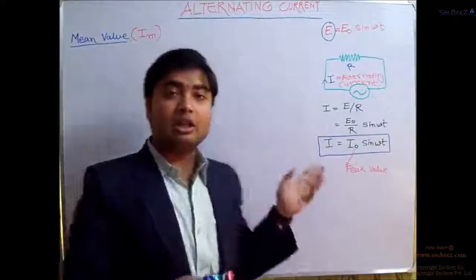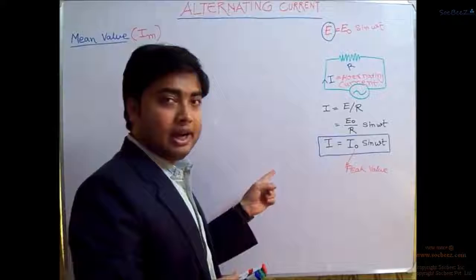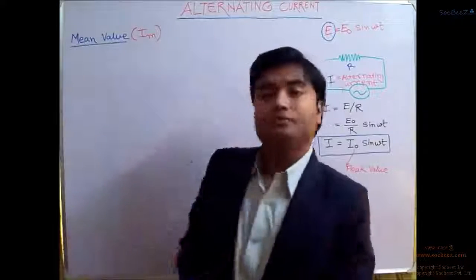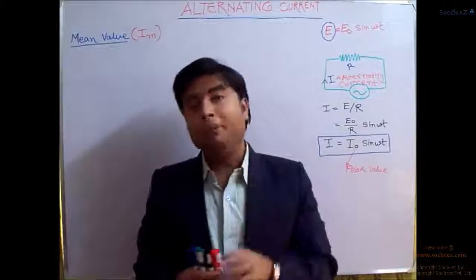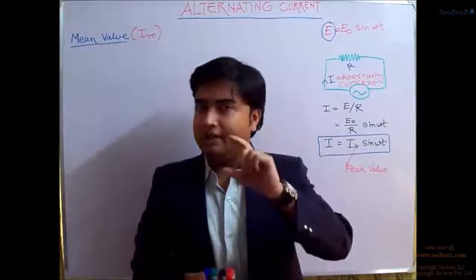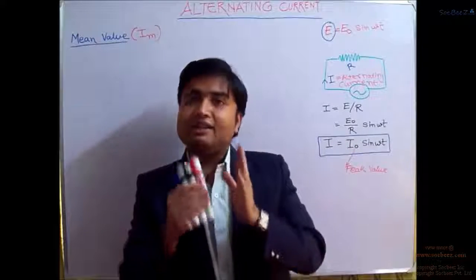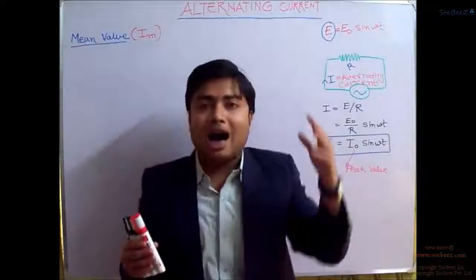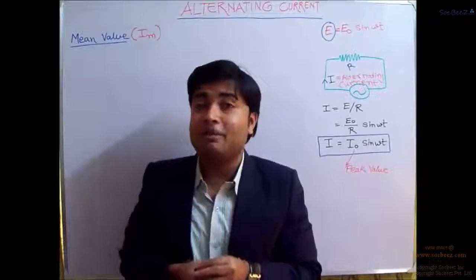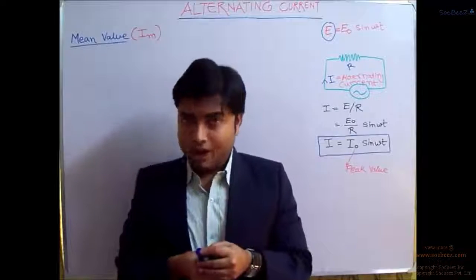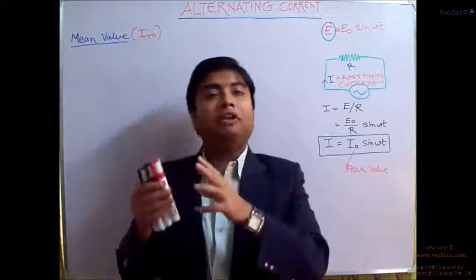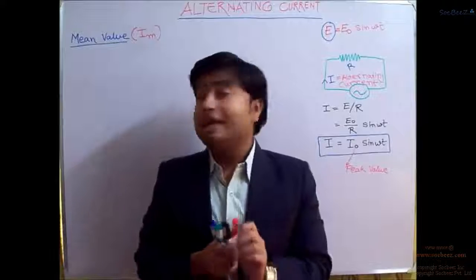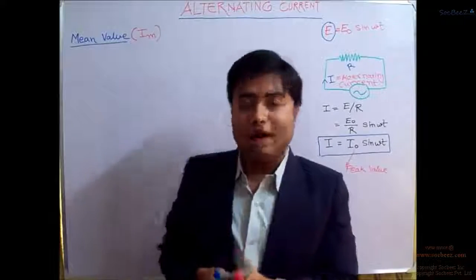As we have seen in the graphs, the alternating current always changes its magnitude with respect to time, but this mean value of alternating current will be the steady current that will send the same amount of charge over the half cycle, which means time is T by 2, as the same charge will be sent by the given alternating current in the given time of half cycle, that is T by 2.